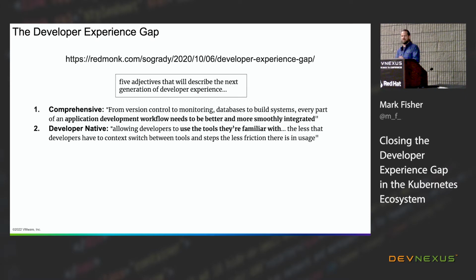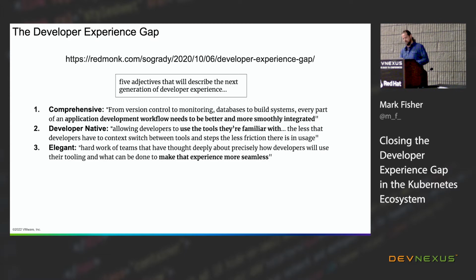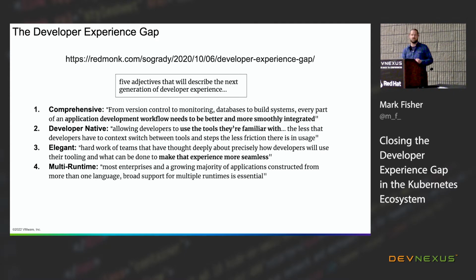So the more that they can have automation driven from something that they push to Git, then that allows the developer to stay in their flow. And so that user experience for developers is really important. And also, he points out that pretty much any solution these days needs to be multi-runtime.